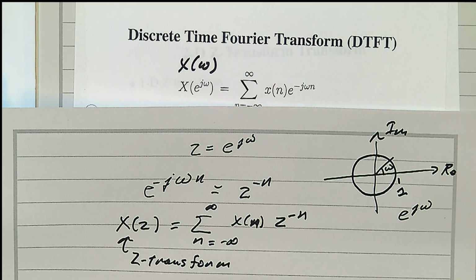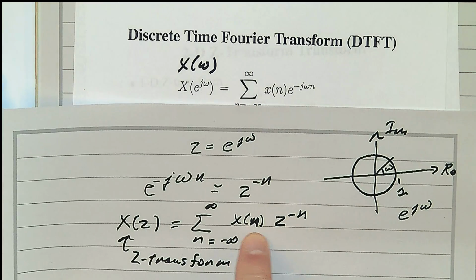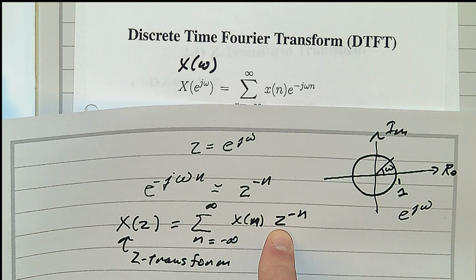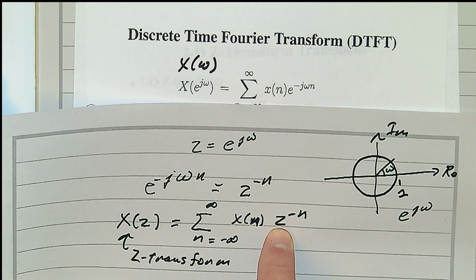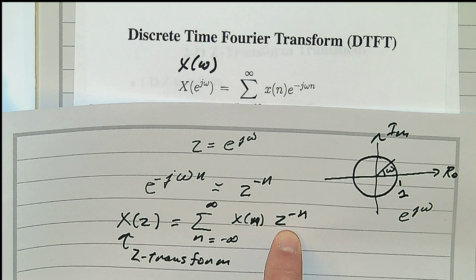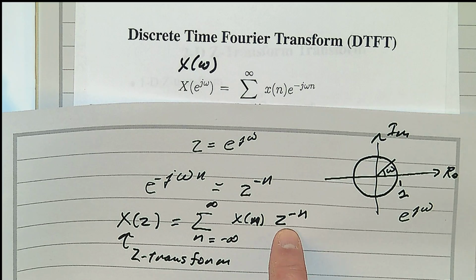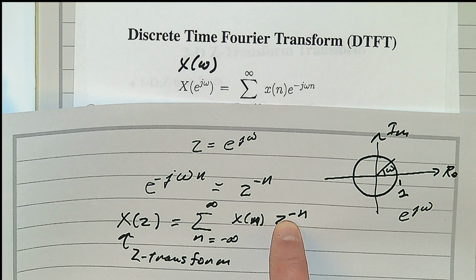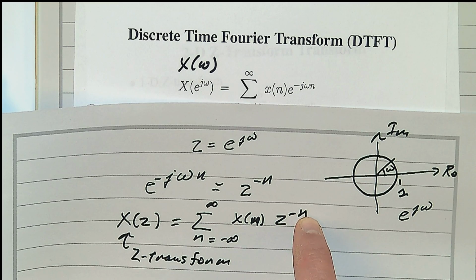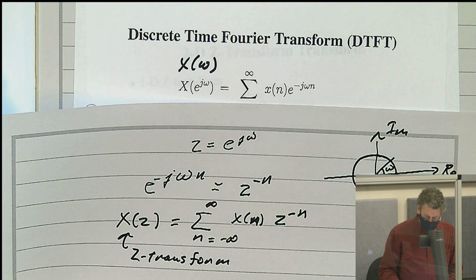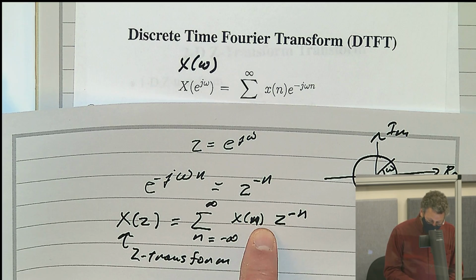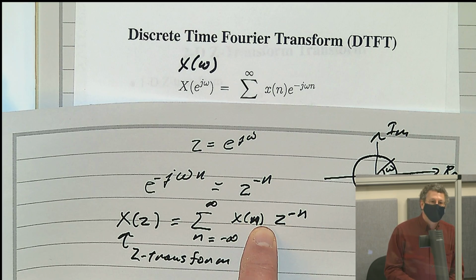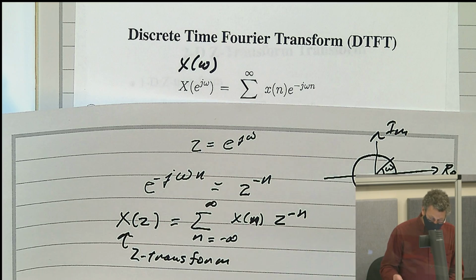So what ends up happening is that the Z transform doesn't necessarily exist for all values of z. If the magnitude of z is large, then z to the minus n will have a magnitude which decays as n gets large. So if x is a causal signal, so the sum only exists for positive values of n, then it will decay.